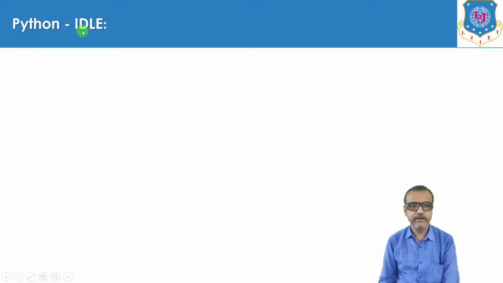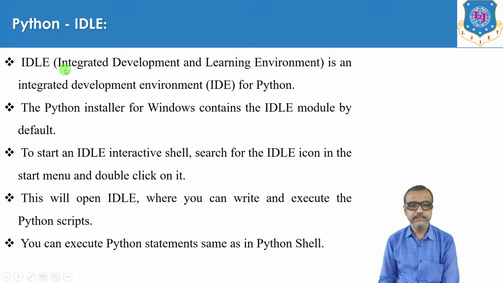Now we will see Python IDLE. IDLE, that is Integrated Development and Learning Environment, is an integrated development environment, that is IDE for Python. The Python installer for Windows contains the IDLE module by default.